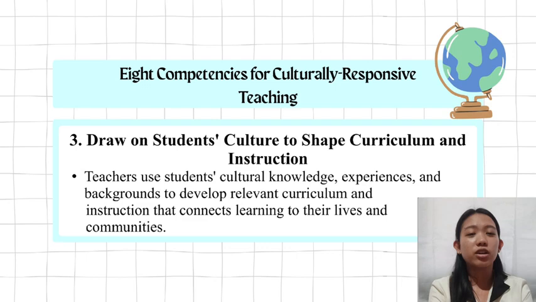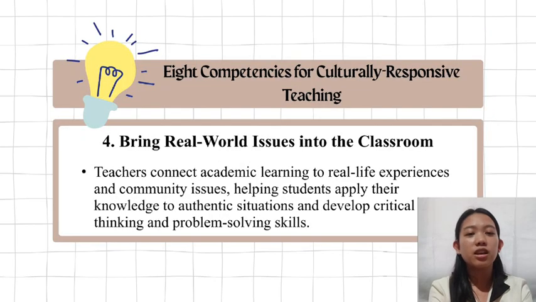Teachers can also make learning meaningful by connecting it to real world issues. Now, the fourth competency is bring real world issues into the classroom. So, this means connecting academic lessons to situations learners actually encounter. For example, instead of discussing environmental problems only through a textbook, teachers can relate the lesson to environmental concerns in the students' community.